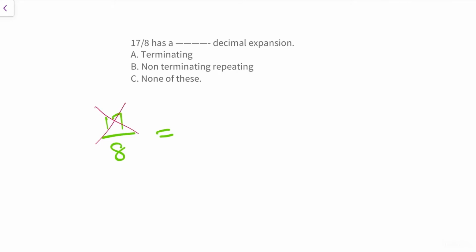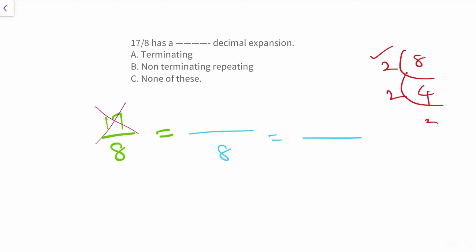Completely forget about the numerator. We don't have any work with the numerator. Simply take the denominator, 8, and do the prime factorization of that 8. For 8, 2 fours are 8, 2 twos are 4, so 2 2 2. So 2 is there 3 times, so 8 can be written as 2 cube.